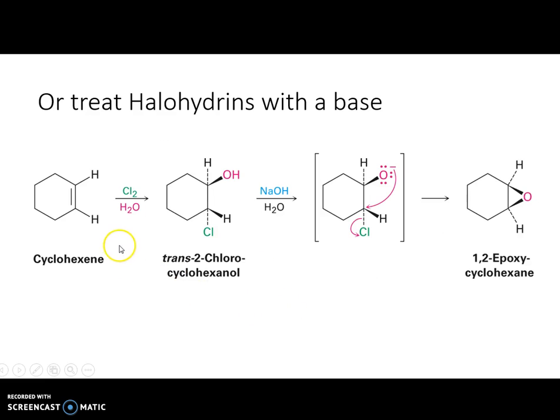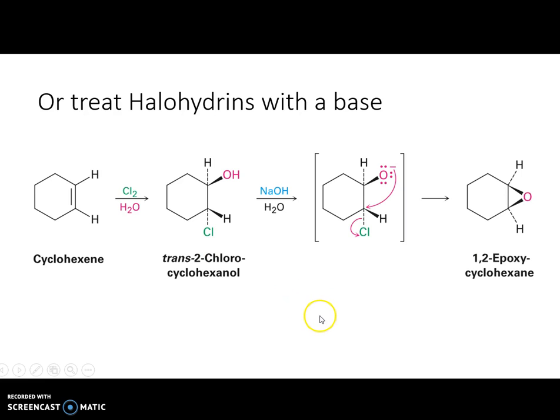Another way is to take the alkene and first chlorinate it with water to make a halohydrin, and then treat it with a base. That base does essentially an SN2 attack, the chloride leaves, and we make an epoxide. But this is old stuff.